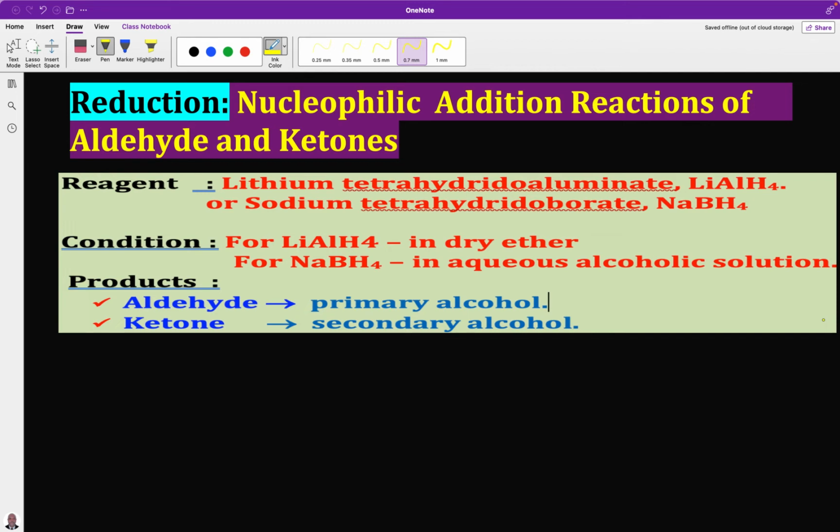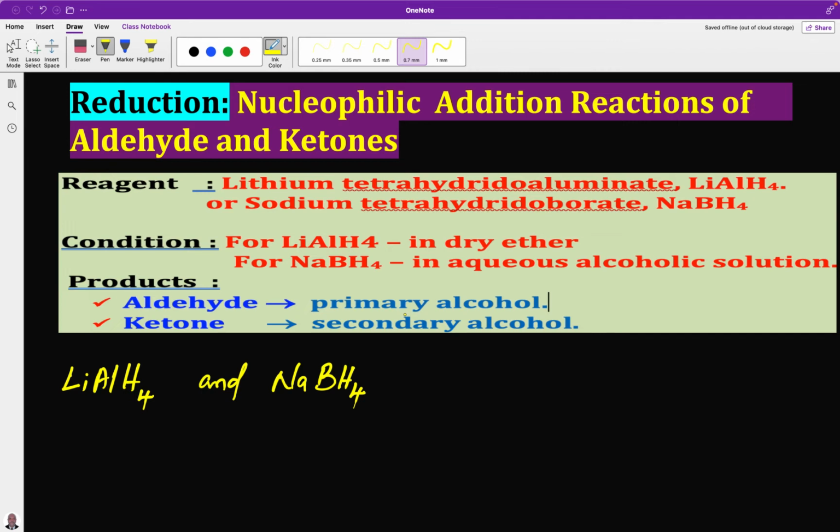So now, remember that LiAlH4, lithium tetrahydroaluminate, and NaBH4, that is sodium tetrahydroborate, are acting as reducing agents.